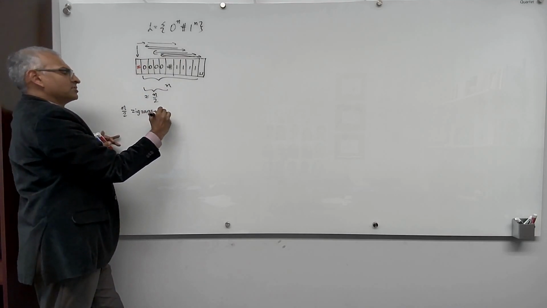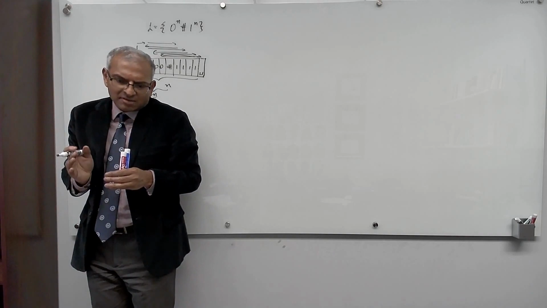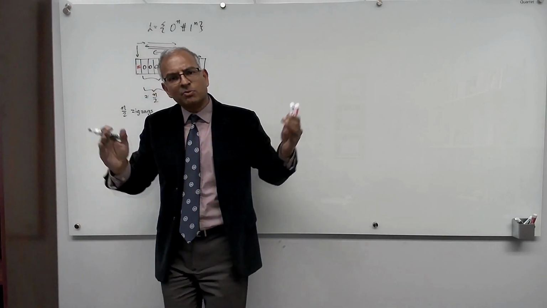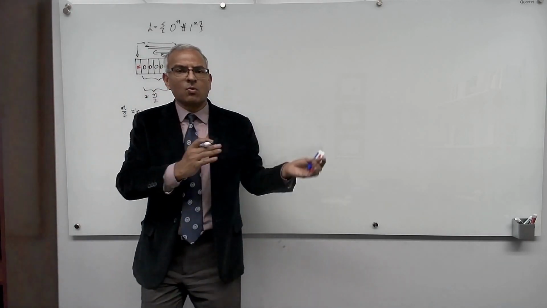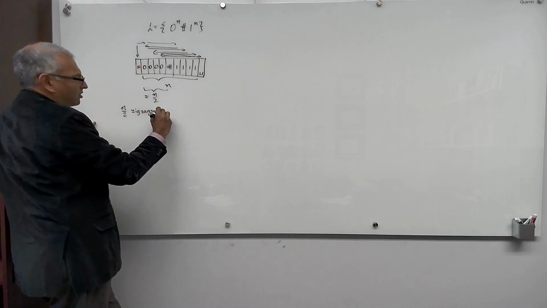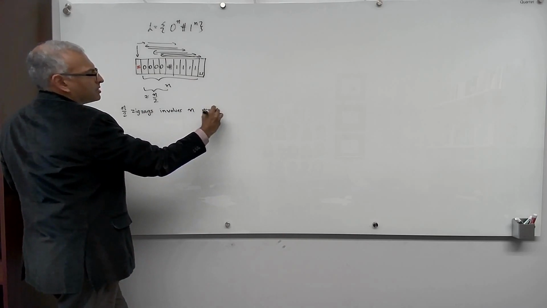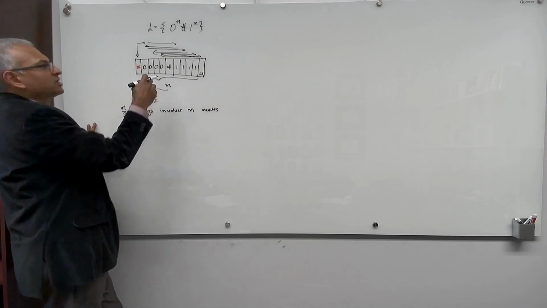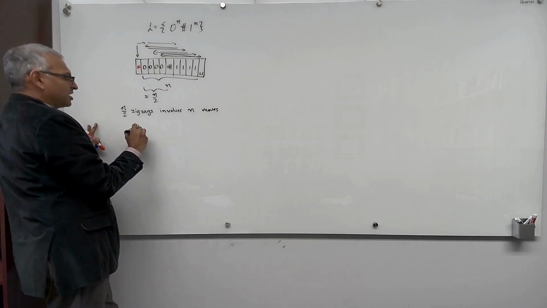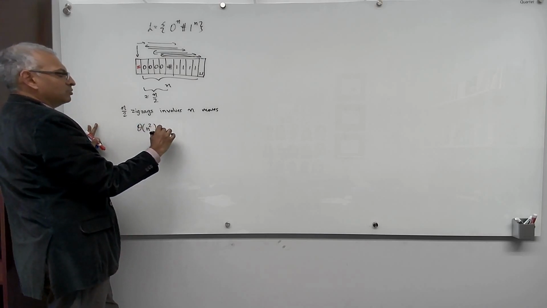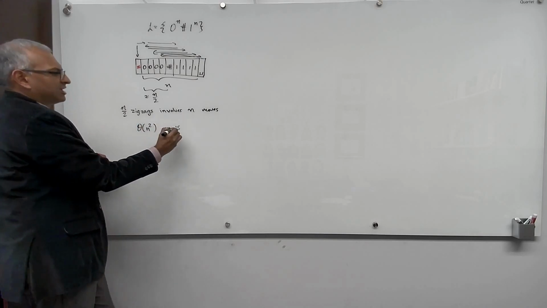Each time the machine has to move, that's a step, and we can imagine it takes a unit of time to make one step. So each zigzag involves n moves. So a total of n times n over 2 moves by the Turing machine head. So theta of n squared moves, which roughly speaking is the running time.